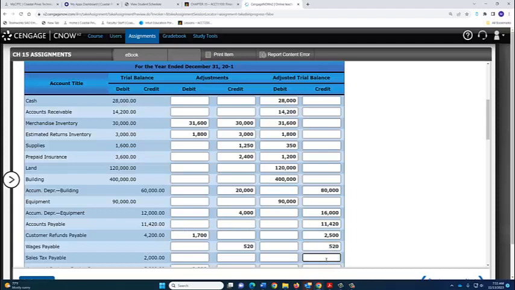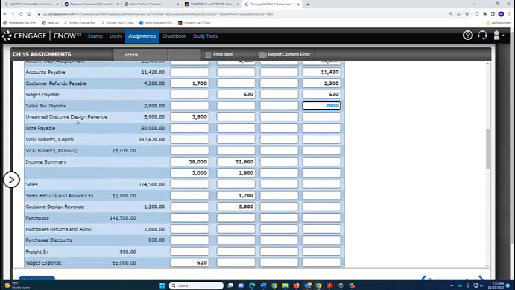Sales tax payable was 2,000. We made no changes to it. Unearned costume design revenue started at 5,000. We decreased it with a debit of 3,800. If we subtract those two figures, we get 1,200, and the liability will stay on the credit side.